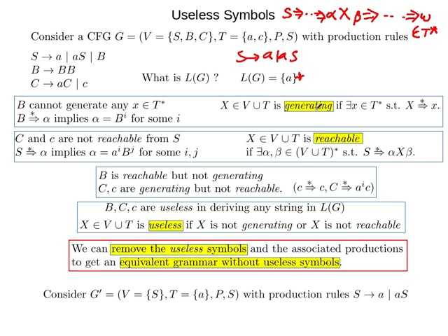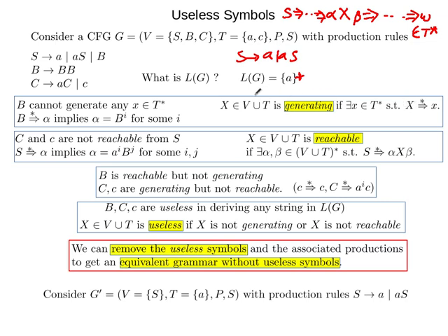It is generating if and only if, well, it's just if because it's a definition, it is generating if you can derive some string over terminals from this symbol, okay.